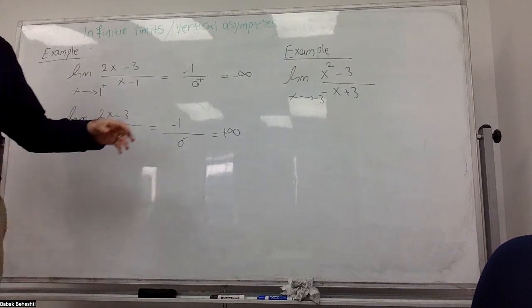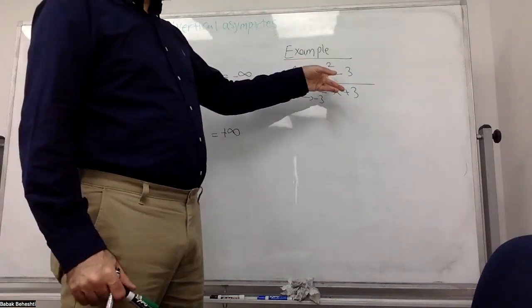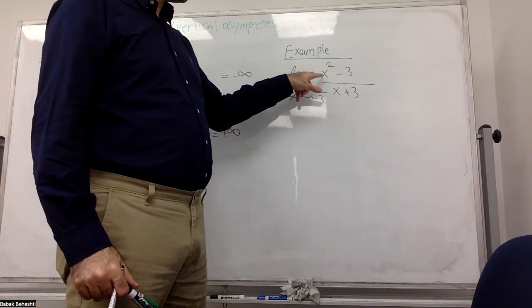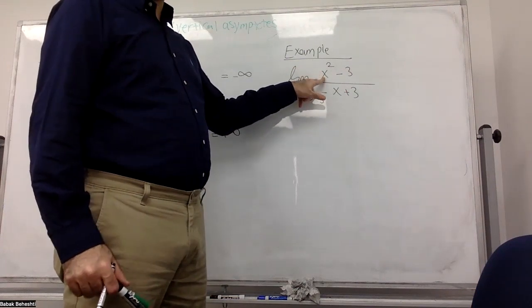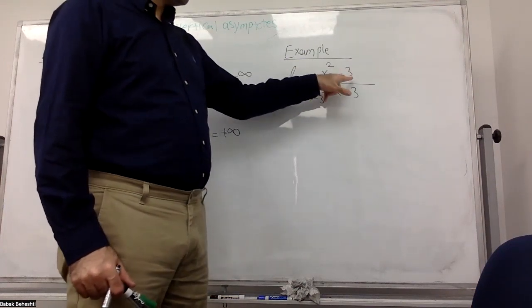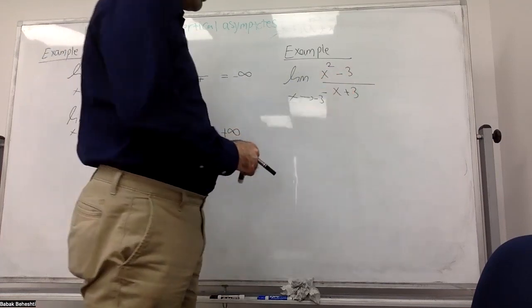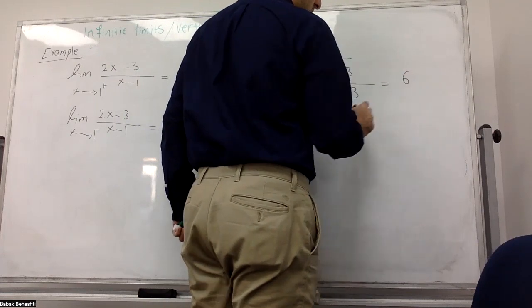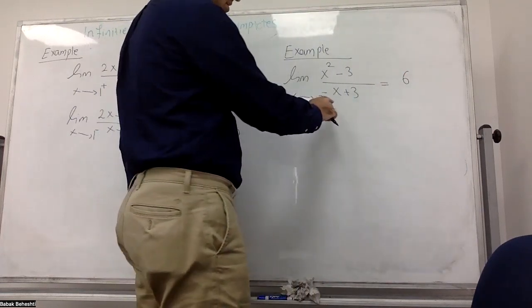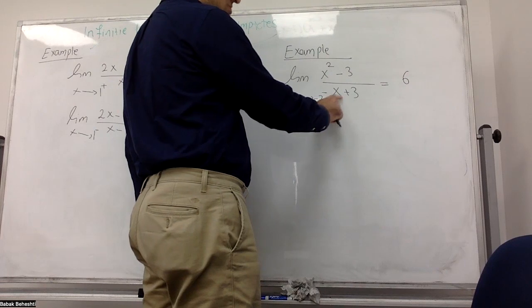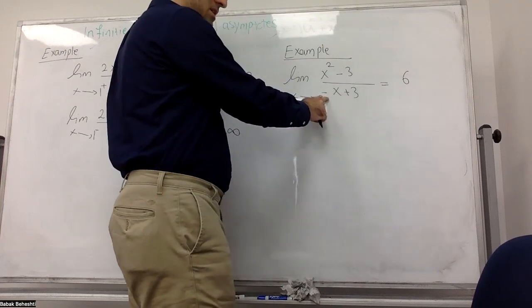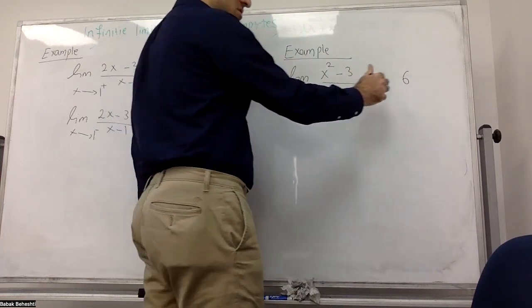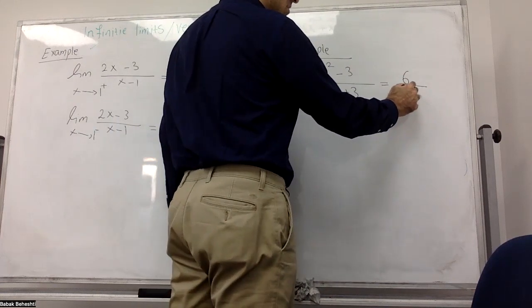So when x goes to minus 3, the numerator is minus 3 squared, which is 9. 9 minus 3 is 6. So the numerator is 6. But the denominator is minus 3 plus 3, which is 0. And when x goes to minus 3 minus, this would be 0 minus.